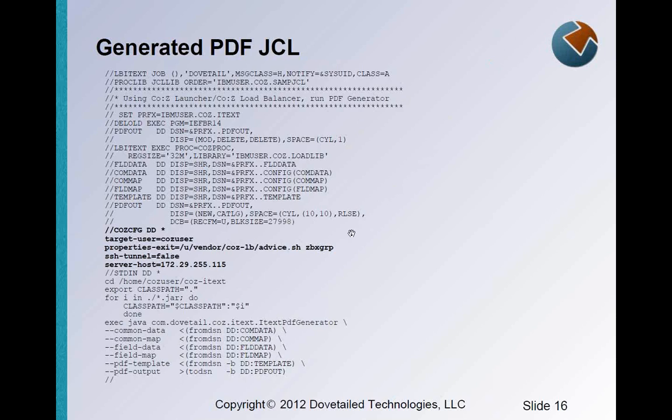And this is a call to another Java program, and its name is com.dovetail.cozy.iTextPDFGenerator, and it takes the arguments that we referred to before: common data, common map, field data, field map, the PDF template, and the PDF output.